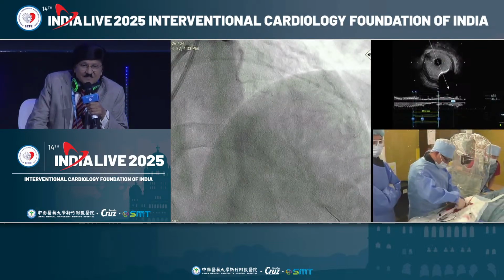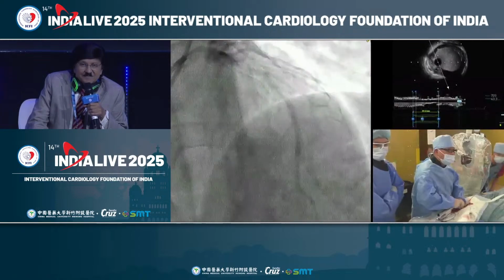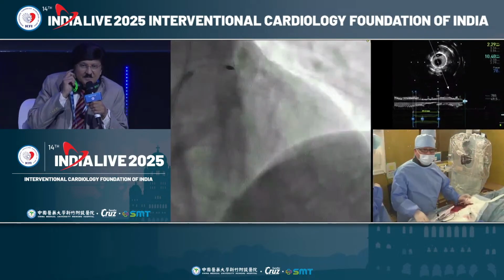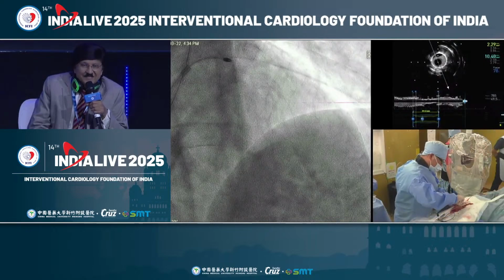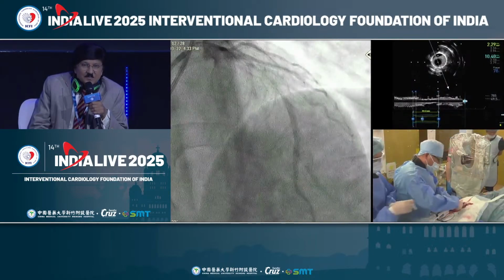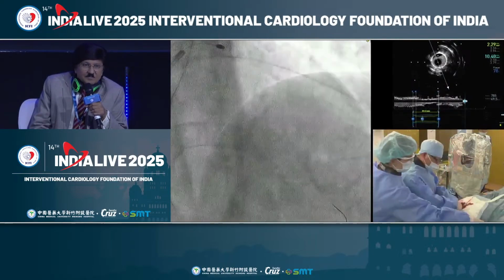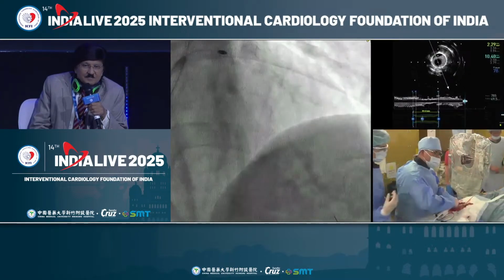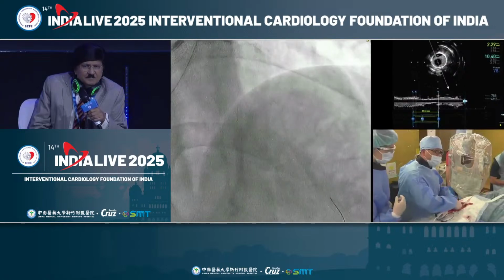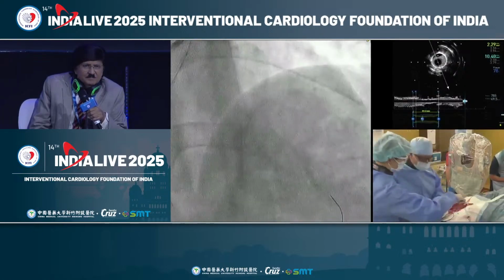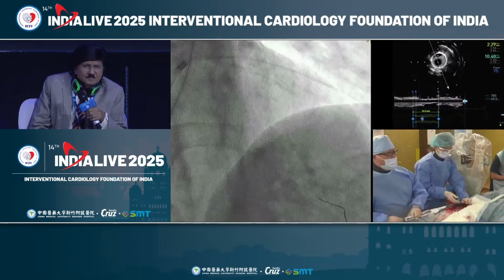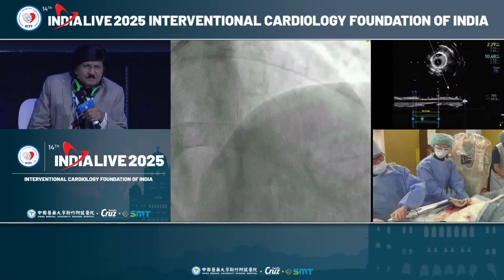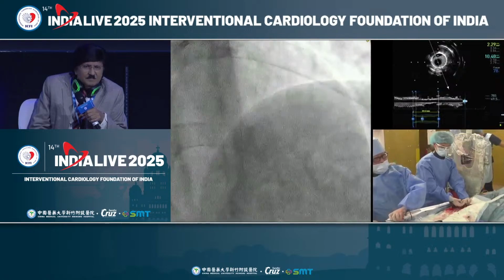Okay, very nice. It looks like the patient status is still okay. You show a little bit of ST elevation, so I use nitroprusside now. If you don't have nitroprusside, of course, you can use an epinephrine cocktail. Nitroprusside 30 to 60 microgram per time, or epinephrine 5 to 20 microgram per time, to prevent and improve slow flow.